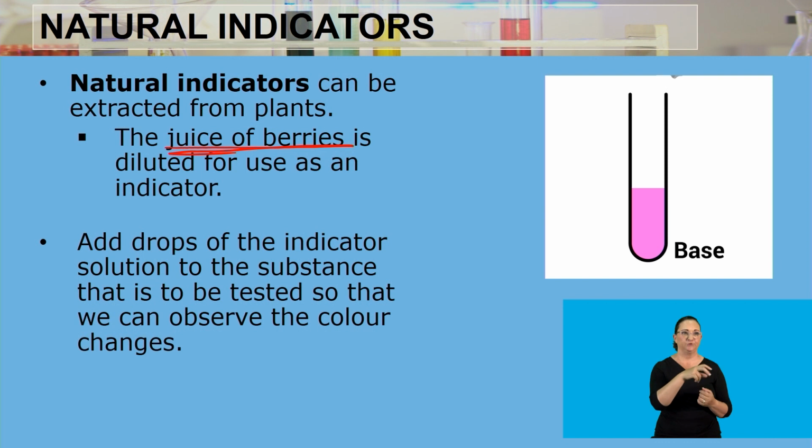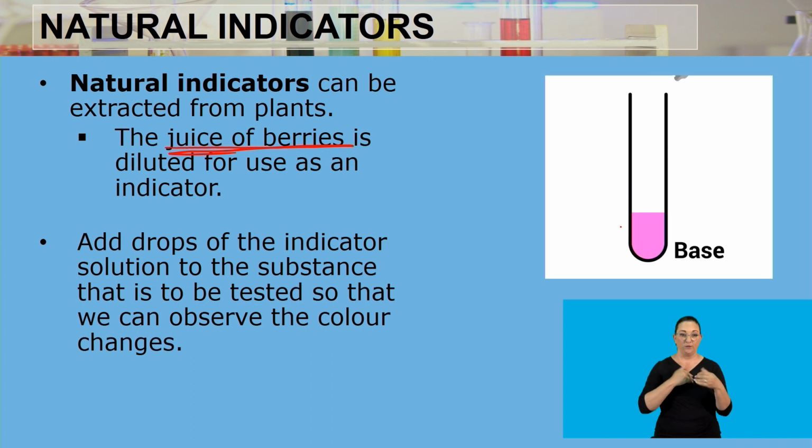Berries as an indicator. So we're going to take a few drops of it and pour it into either a base or an acid because we want to check whether the substance is acidic or basic. As we can see, we are pouring those drops of the juice of berries as an indicator into the substance, being a base. Now you notice that there is a color change in that substance.